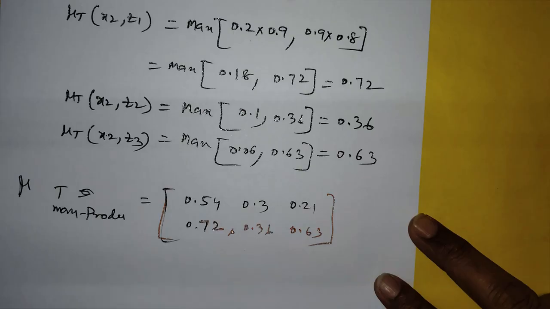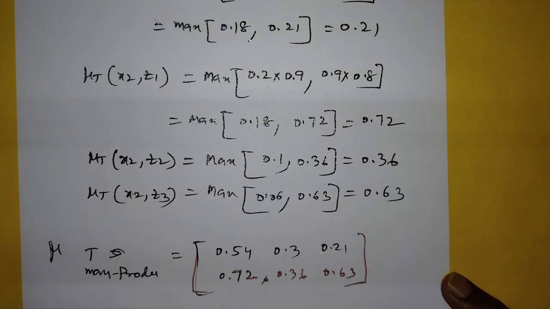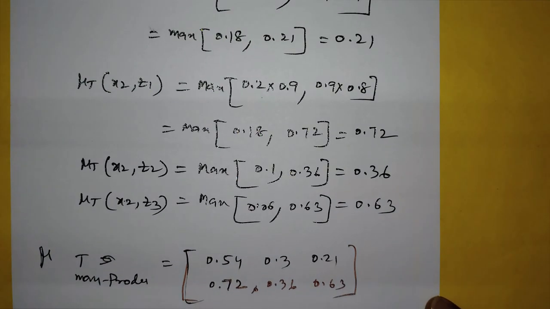This is the max product composition of the two fuzzy relations.